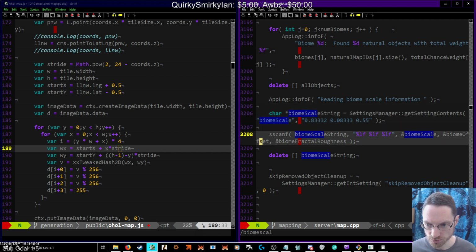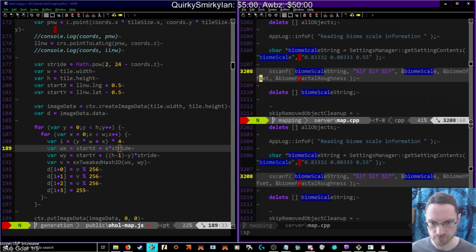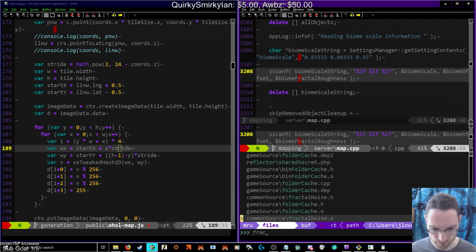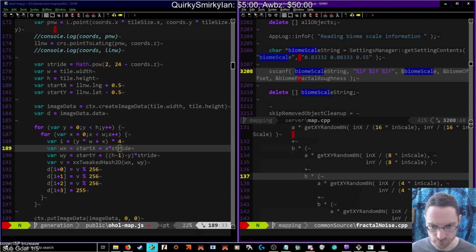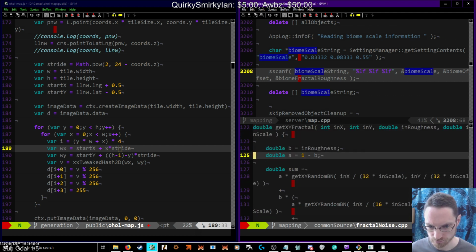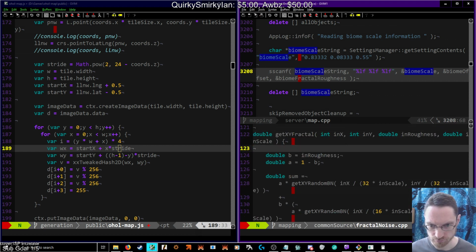Biome scale string, biome scale, biome offset, biome fractal roughness. Roughness in scale.